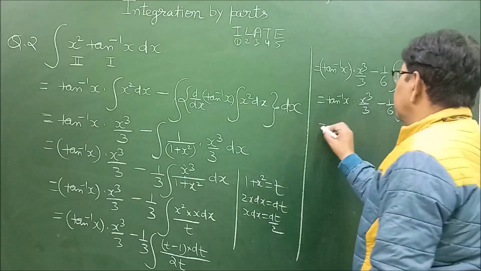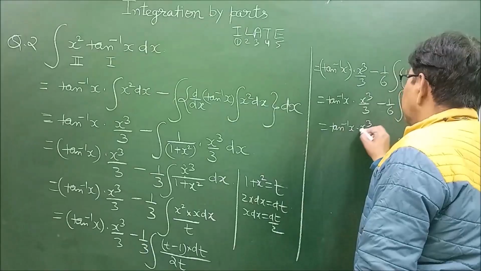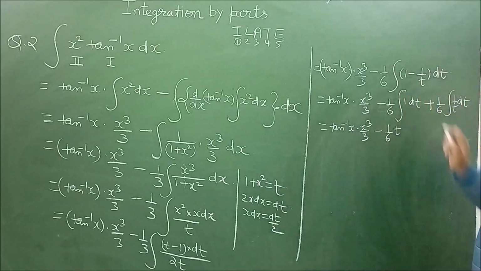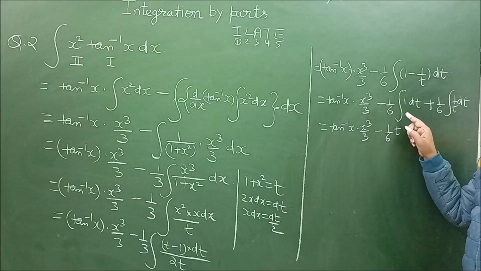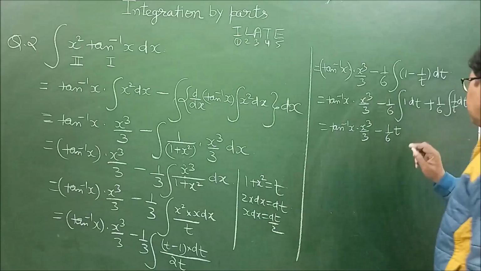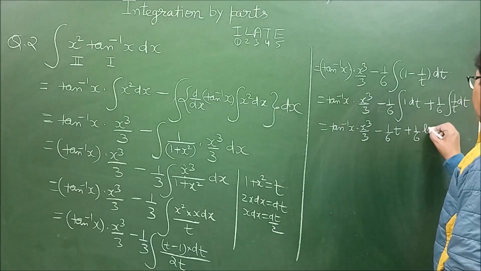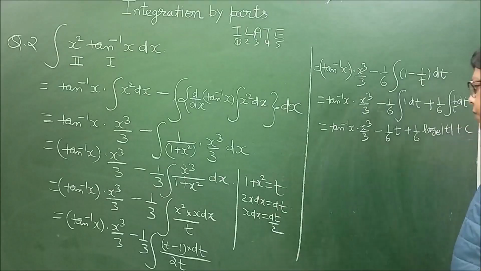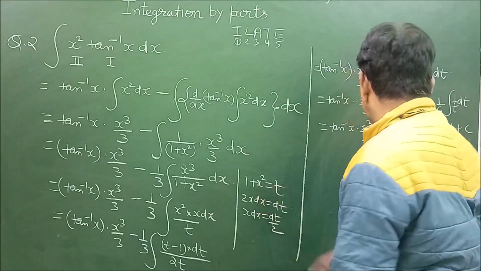So this is equal to tan inverse x into x cube upon 3 minus 1 upon 6 t, integral of 1 is t raised to the power 0, which is equal to t raised to the power 0 plus 1 upon 0 plus 1. So plus 1 upon 6 log of mod t plus c. Now putting the value of t, I have taken t is equal to 1 plus x square.